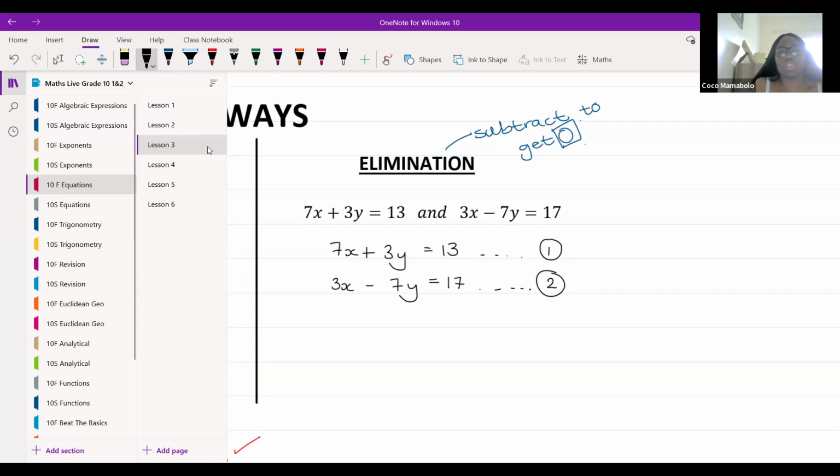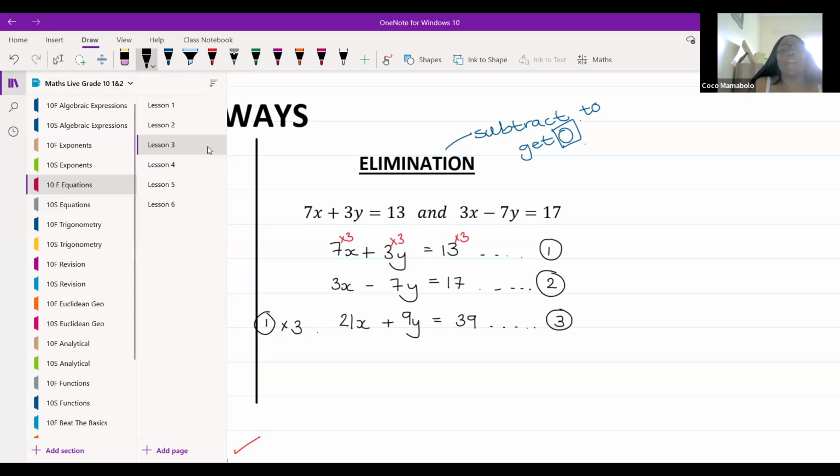I'm going to take equation 1 and multiply the whole of equation 1 by 3. So this part times 3, this part times 3, this part times 3. And that's the only way the equation is still going to hold, if I multiply straight through by 3. That's going to give me 21x plus 9y is equal to 13 times 3 is 39. And we're going to call that equation 3.